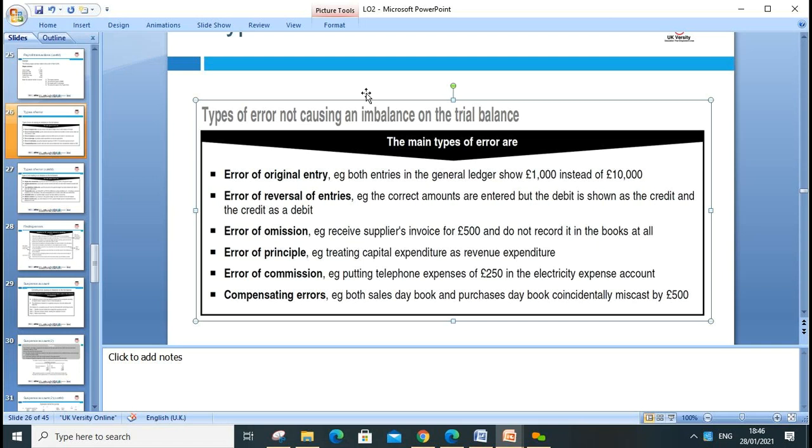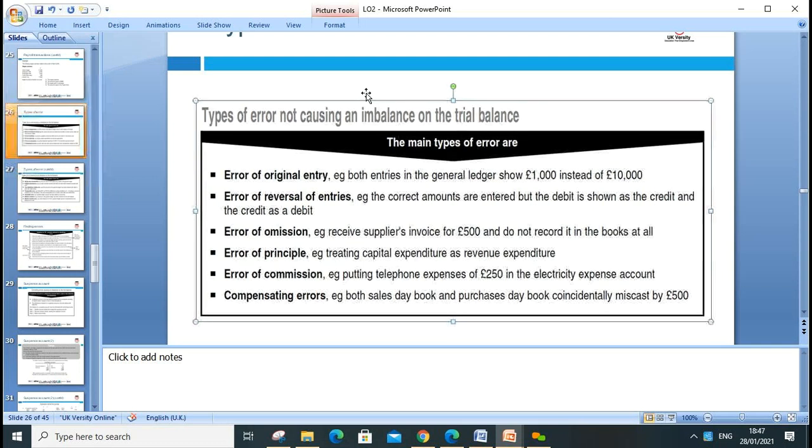Error of commission: maybe I was supposed to say telephone bill, but I said electricity bill. Yes, I write the wrong name of expense. Compensating: on one side you put more, on the other side you put more, that will compensate, so your books can be balanced.